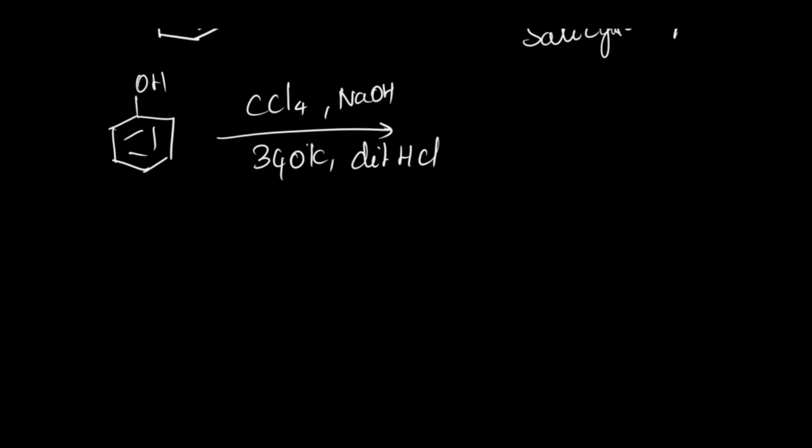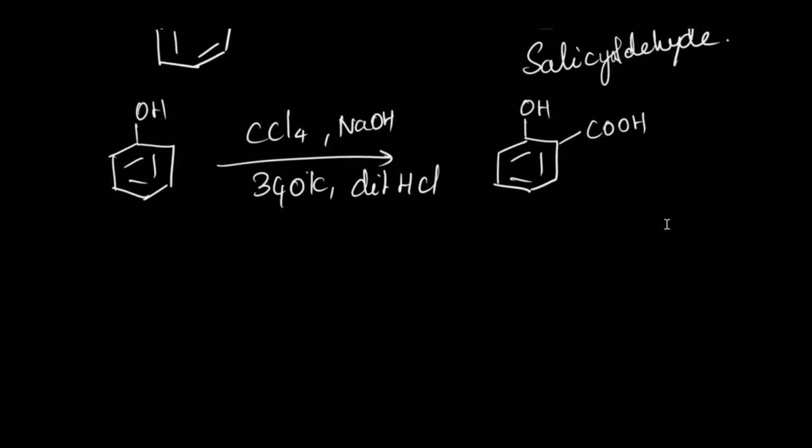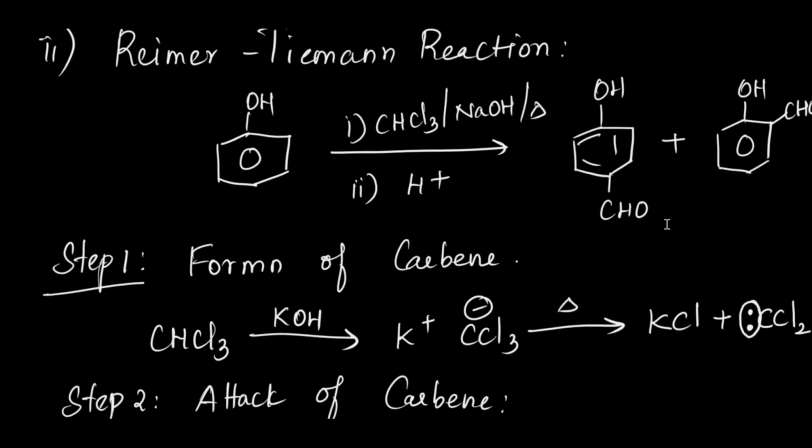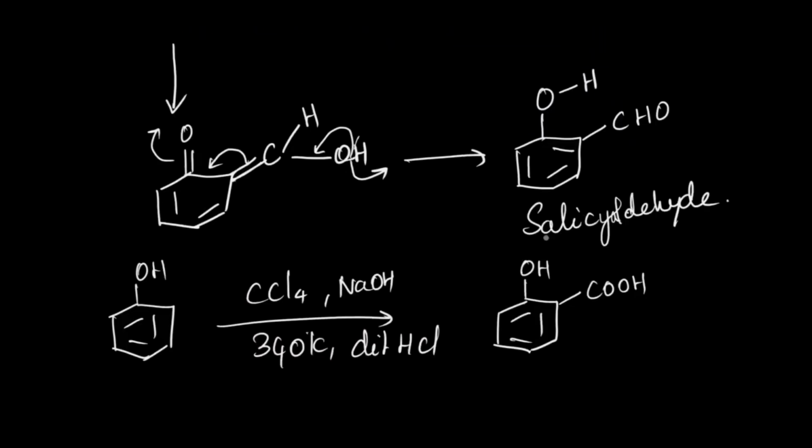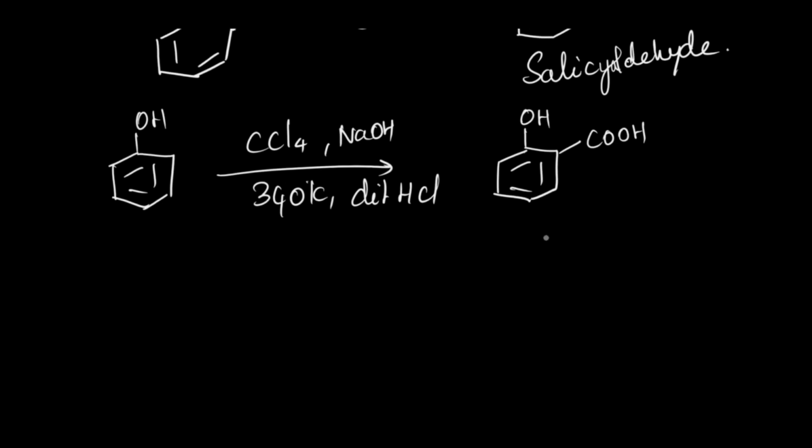It is producing a carboxylic acid. I told you in Reimer-Tiemann also the ortho product is the major one. Similarly here also the ortho product is the major one, that is salicylic acid.